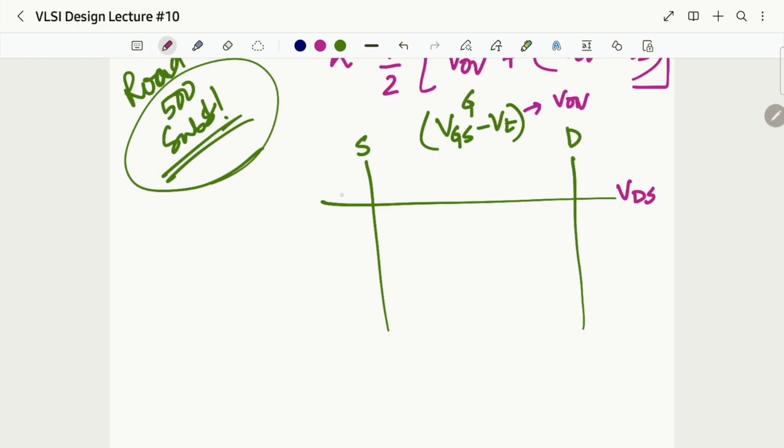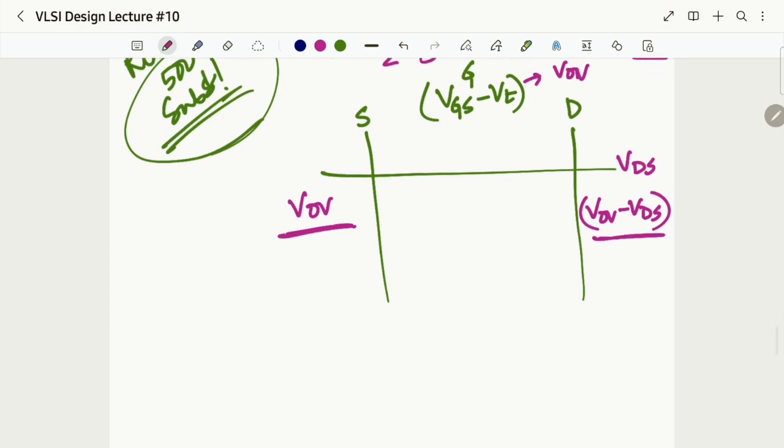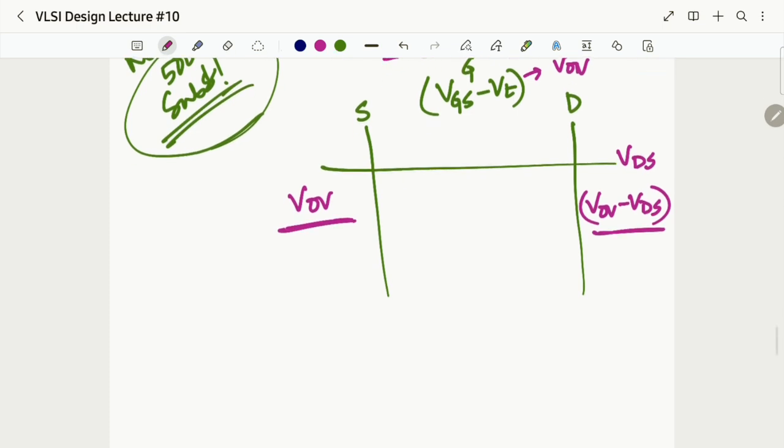So on the source end it will still be VOV, and on the drain end it is VOV minus VDS. So we have got two voltages on two sides.